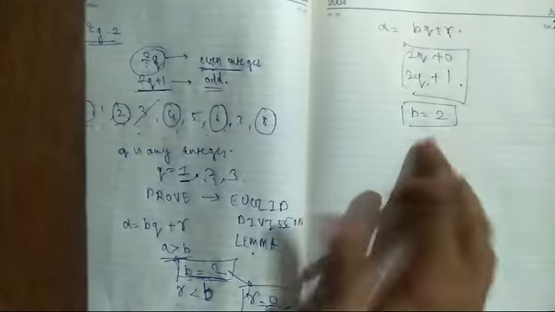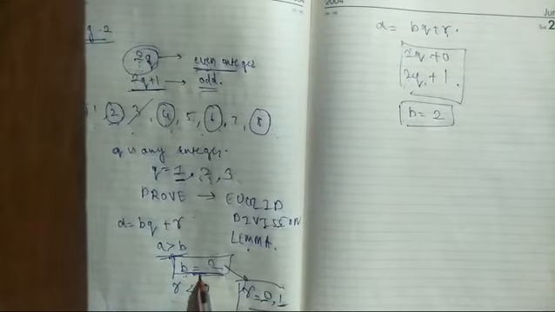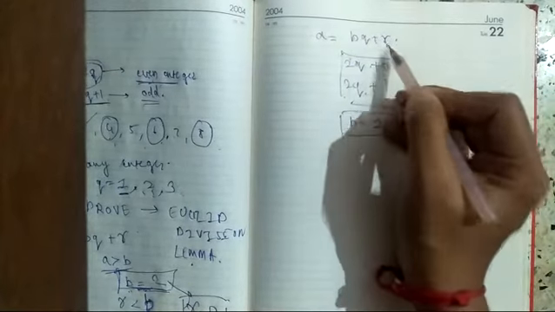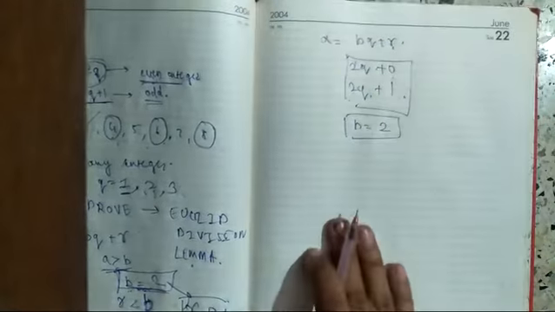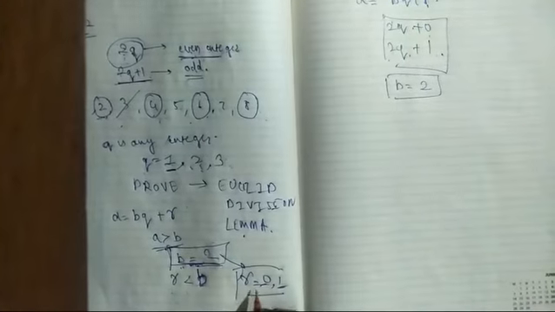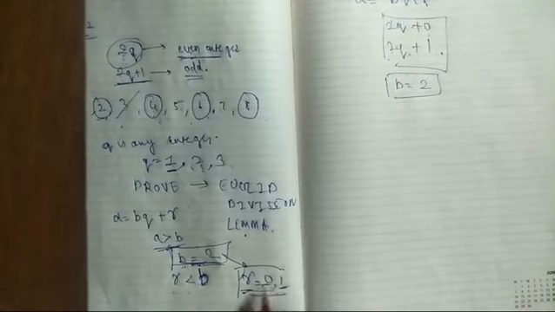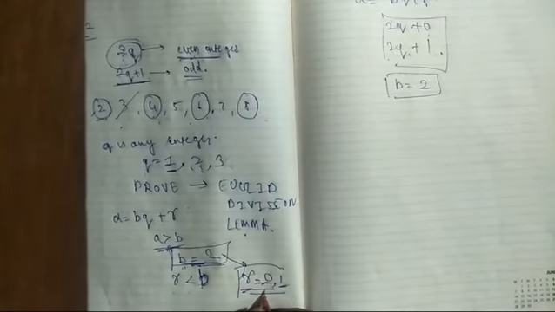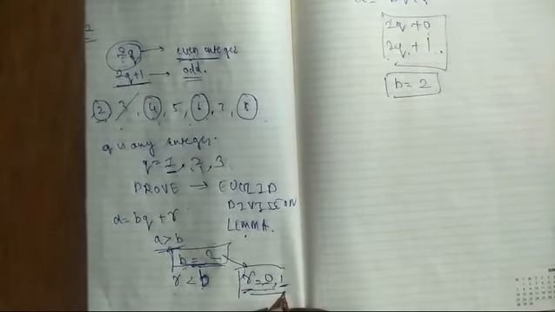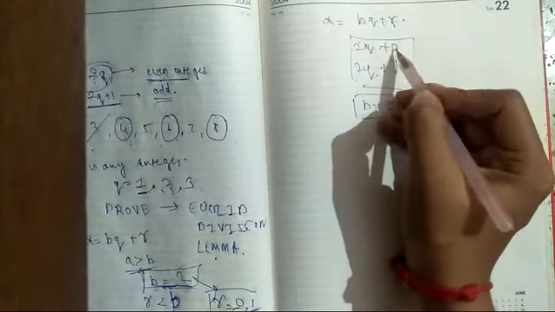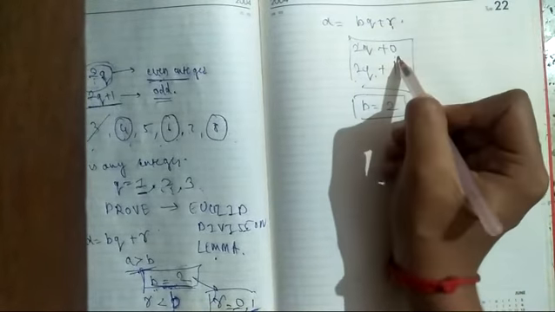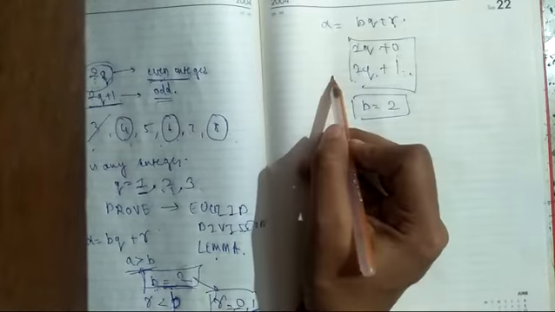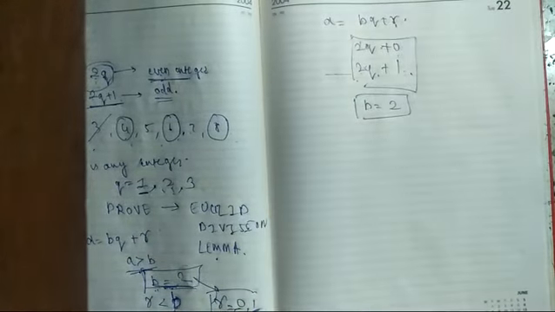Therefore we have taken b equal to 2 here. The remainder is 0 once and 1 the next time. Because r is less than b, r is equal to 0 or r is equal to 1. Once we put r equal to 0, once r equal to 1, and we get these two equations.